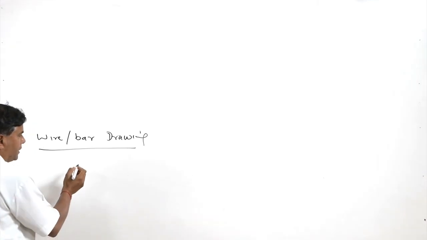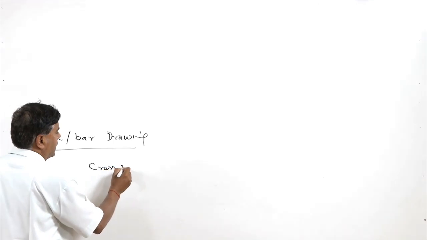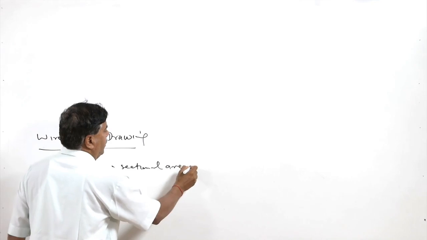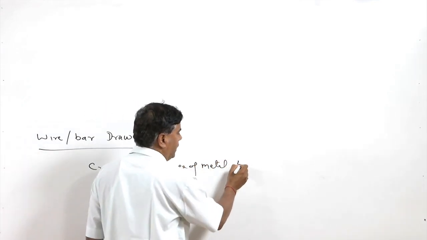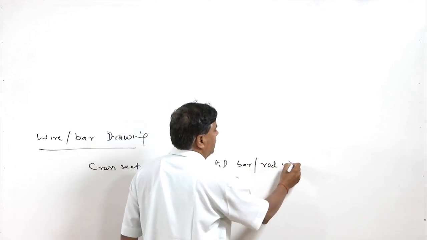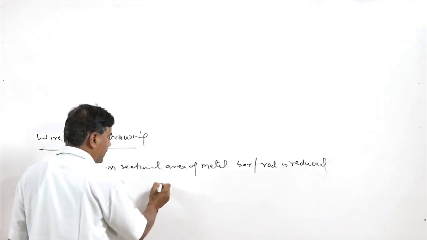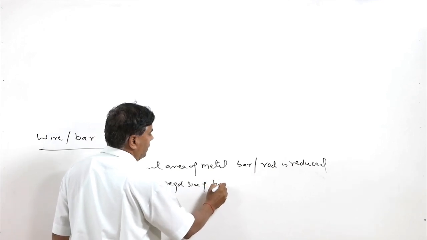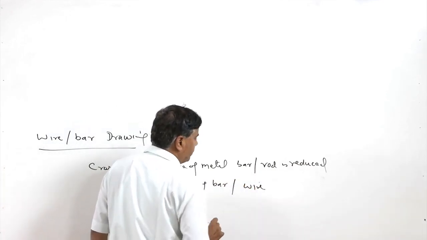In this process, basically the cross sectional area of the metal bar or the rod is reduced, so that we can get the required size of bar or the required size of the wire.